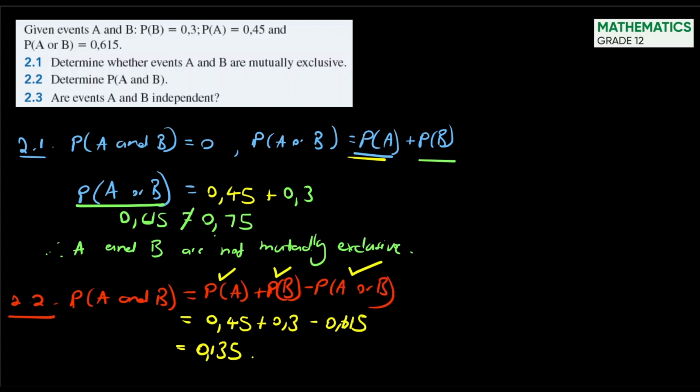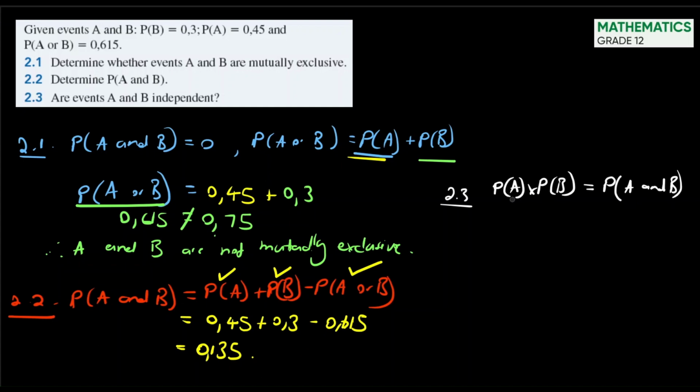And lastly, the last question is asking an important question. Are events A and B independent events? If they are independent events, what needs to happen? Firstly, we need to calculate what the probability of A times the probability of B gives us. To determine that these events are independent, this should be equal to the probability of events A and B. If this is equal, it means that the events are independent.